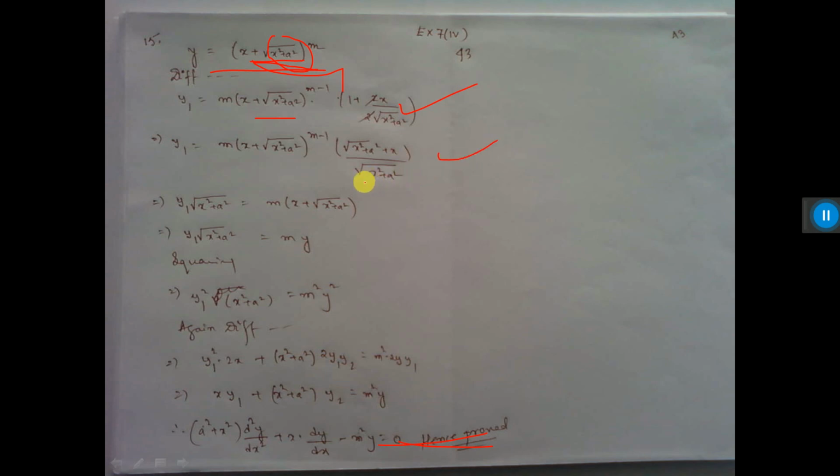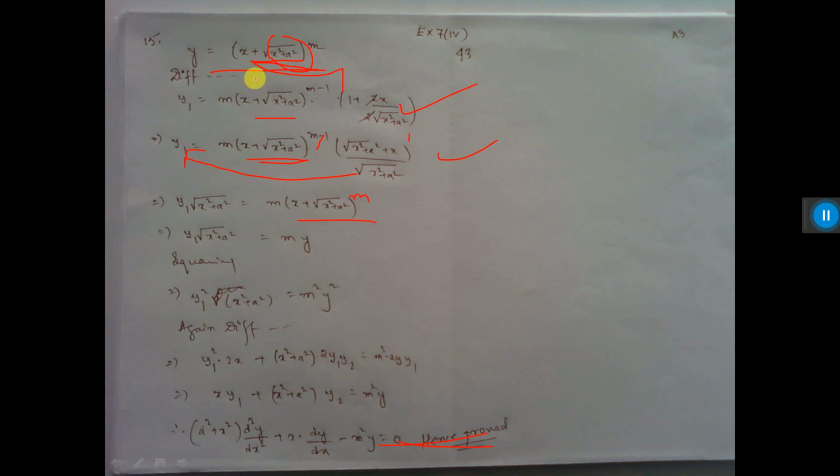Now multiply by x square plus a square, then this will come here, cross multiplication, and this power 1 and this power m minus 1. So this to the power m minus 1 plus 1, so 1 cut, m is left. Power m is left. Here I forgot to give m.